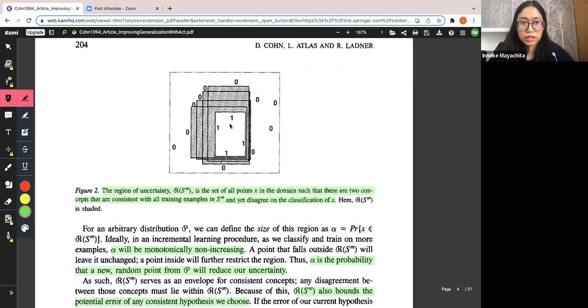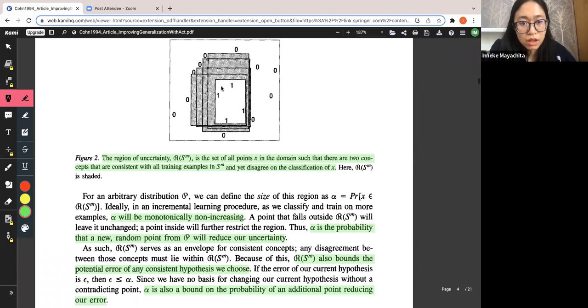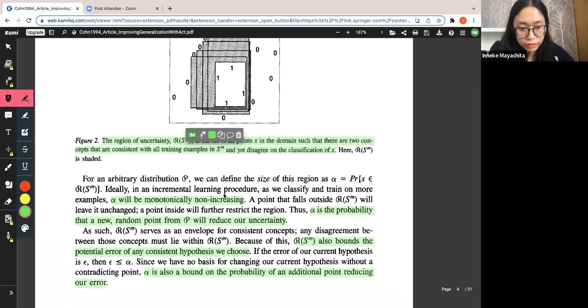It gives no extra information to the model, because all of the concepts already agree with each other. So we want to sample examples from this shaded area, and reduce this shaded area, the region of uncertainty. That is the idea of selective sampling.